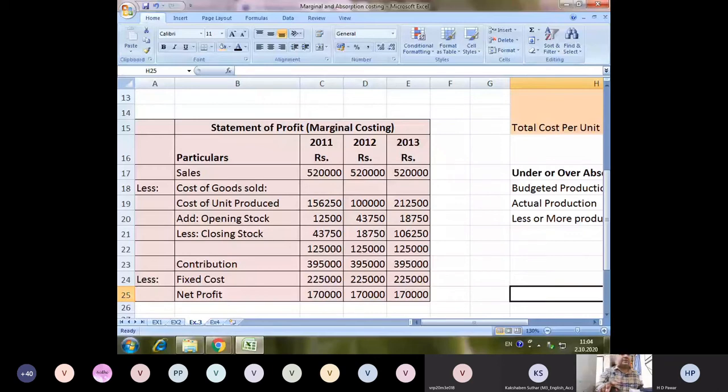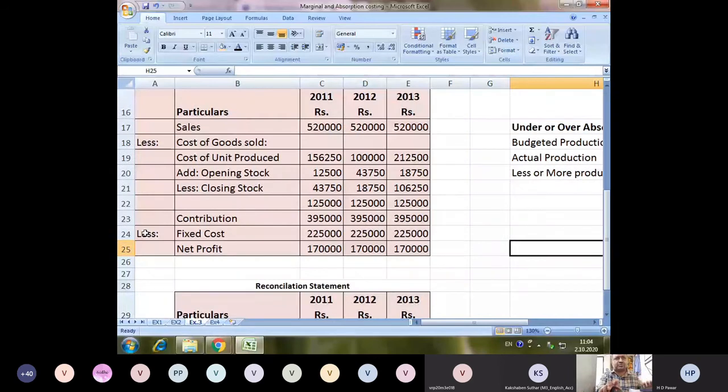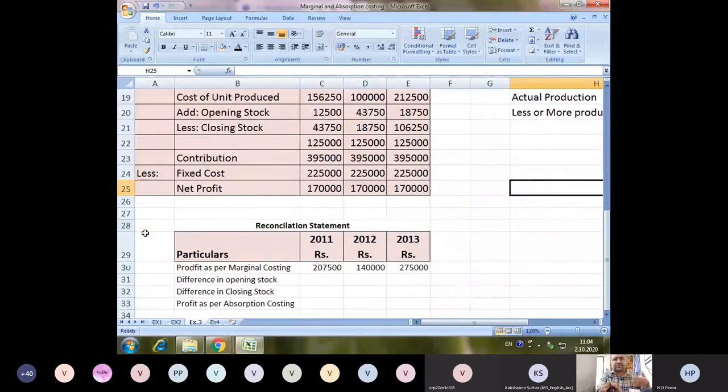So then here it says that you are required to prepare these two statements. So as we prepare these two statements, our example is almost completed. But sometimes you are asked to prepare a reconciliation statement. Though it is not asked, we will prepare it.